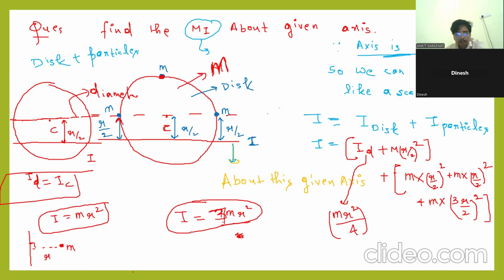This is the answer. Okay, I'm writing here. Just solve 7 mr square by 2.